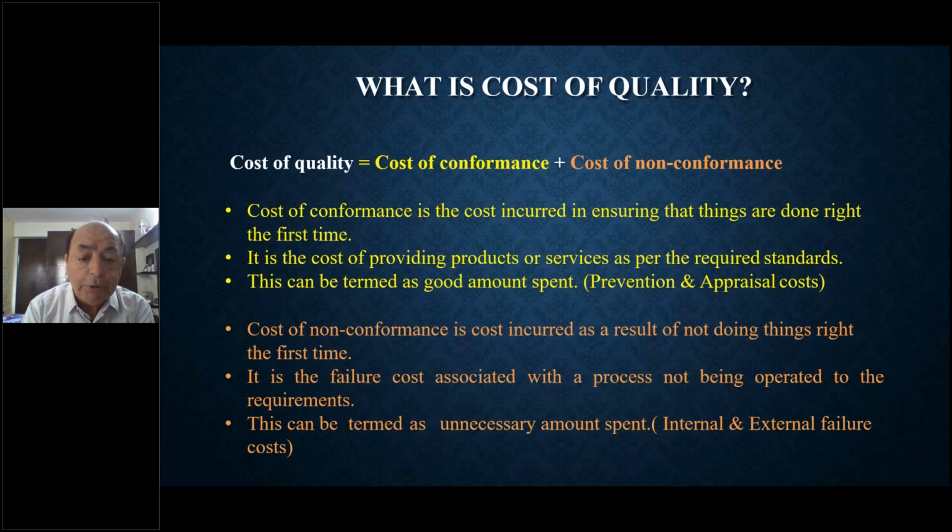Somebody has answered the question: when the product fails at the customer end, internal failures when the defect is detected when the product is in the process. Excellent, sir. Thank you very much. Congratulations. I would again request you to please answer what is the benefit of catching it internally and what is the benefit of catching it externally? Is there a benefit of finding a failure in-house, and what is the loss when the product fails in the outside world? But thank you for your participation.